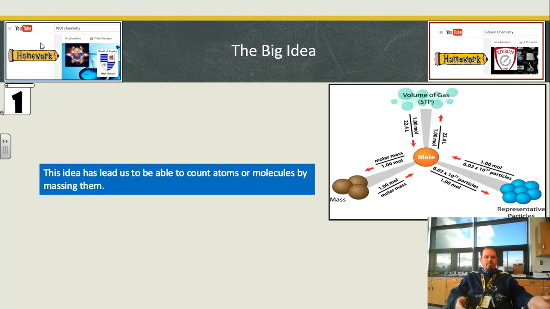Okay. And then this idea is going to lead us into this fabulous world of being able to count atoms by massing them, in other words, by putting them on the scale. And this particular picture is basically the entire unit. We need to be able to go from one thing to the other, and we're going to do a lot of converting in this unit. So 1 mole is that number, 6.02 times 10 to the 23rd.